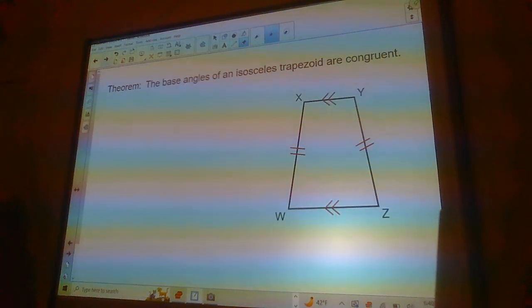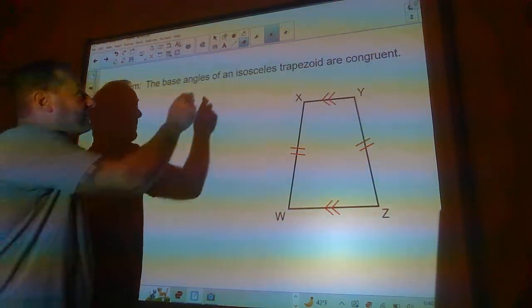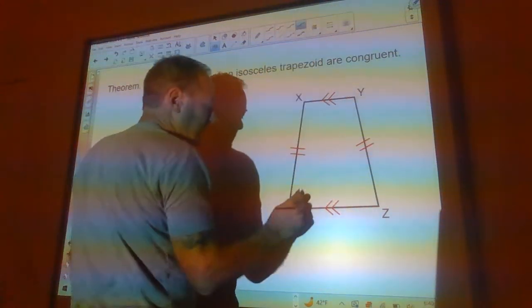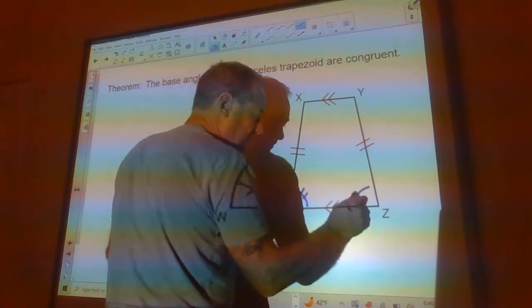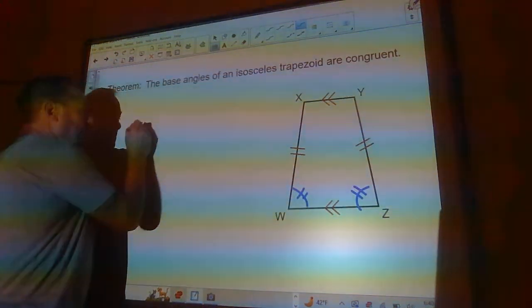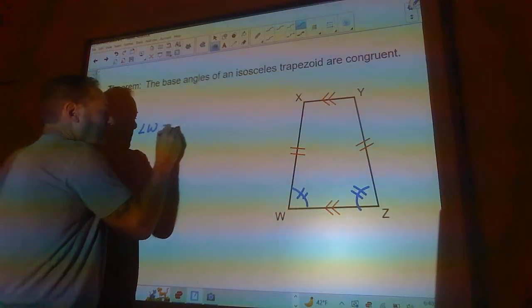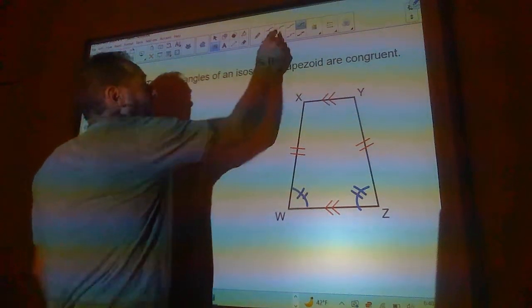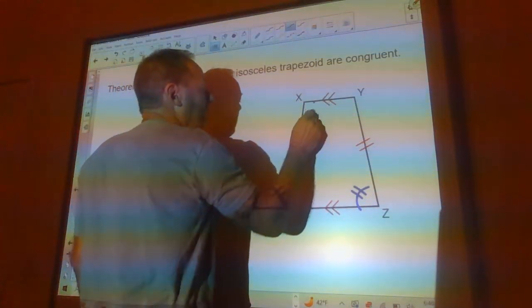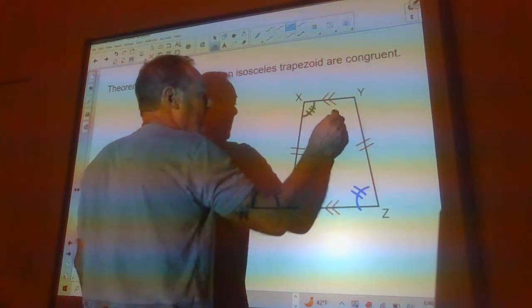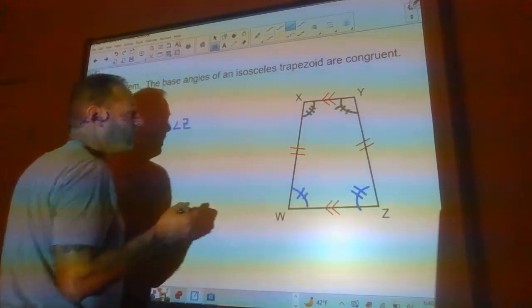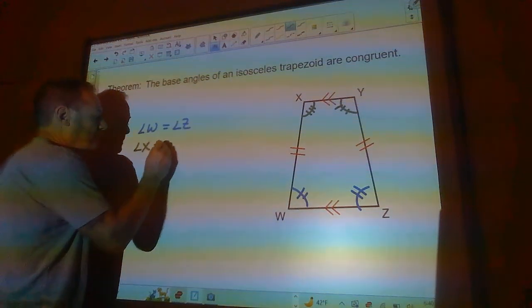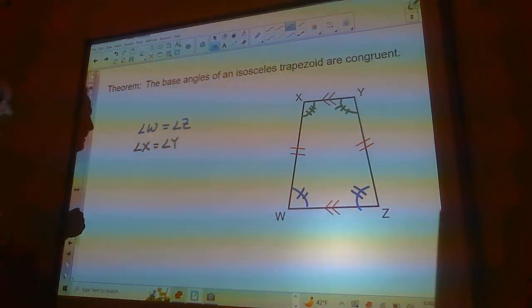The base angles of an isosceles trapezoid are congruent. We talked about this a little bit. That tells me that angle W and angle Z are equal, and it also tells me that angle X and angle Y have to be equal.